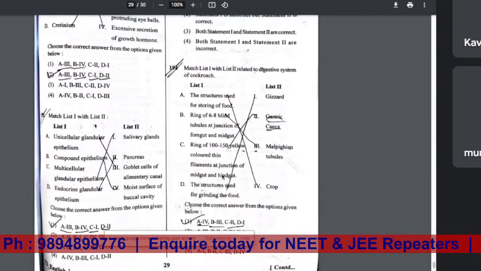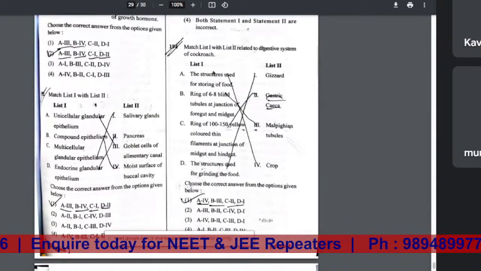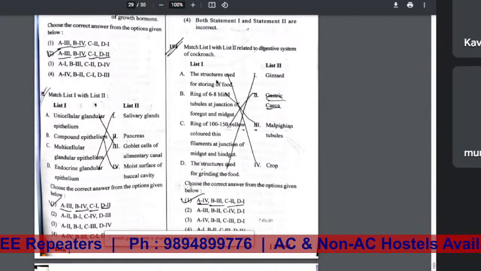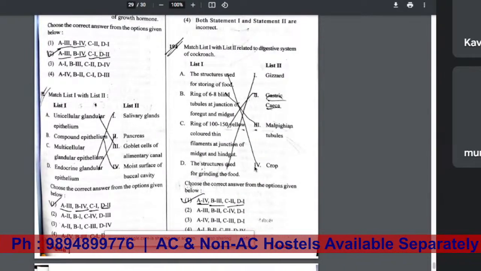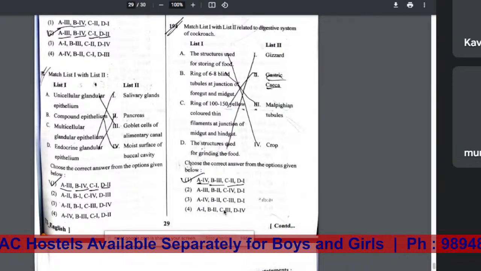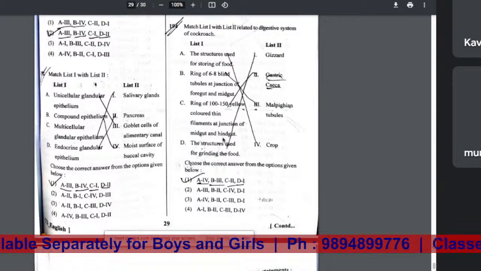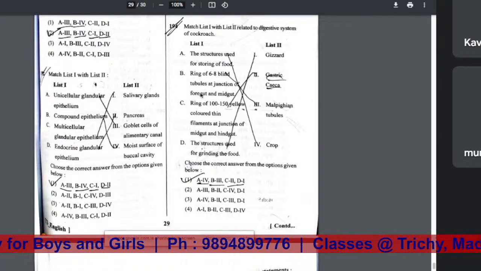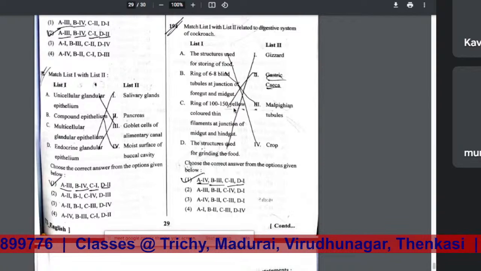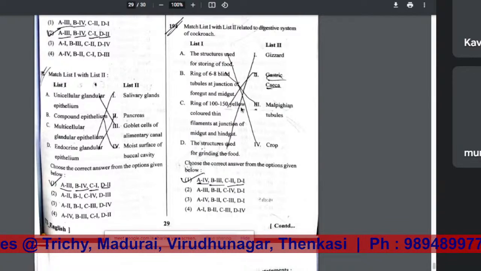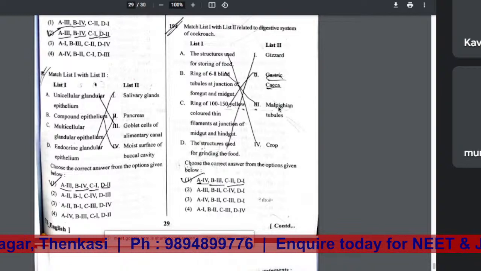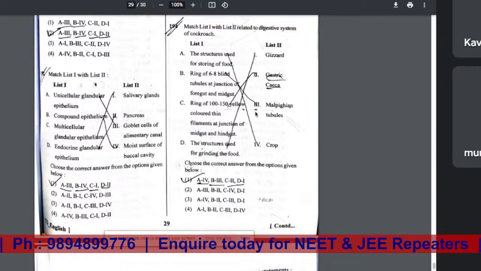Moving on, question 194. The structure used for storing food in the cockroach is the crop. So A happens to be 4. Looking at the options, options 2 and 4 can be eliminated. The yellow colored thin filaments seen between the midgut and hindgut are the Malpighian tubules. So C has to be 3.